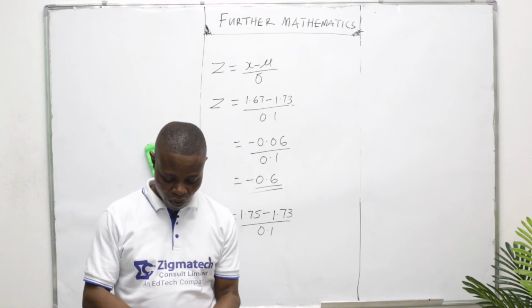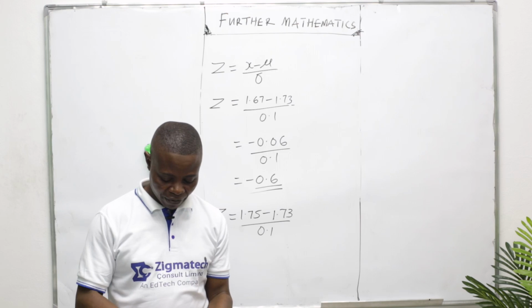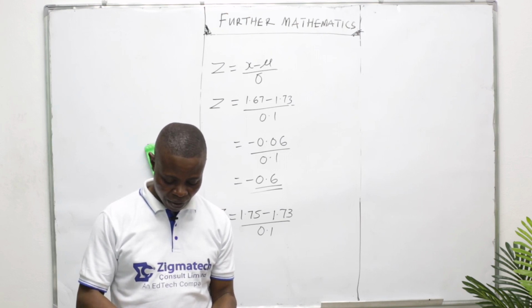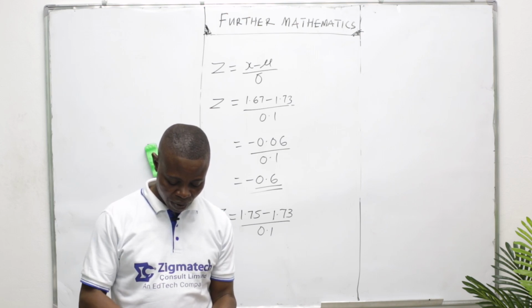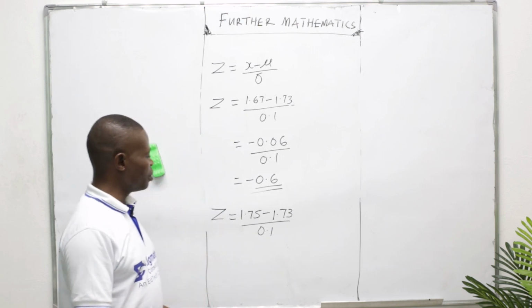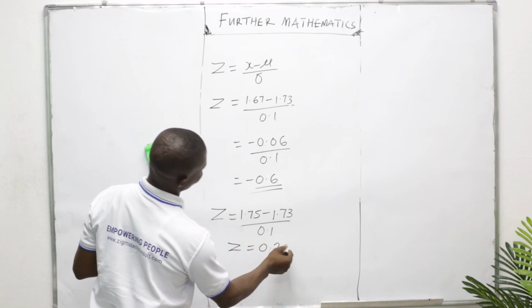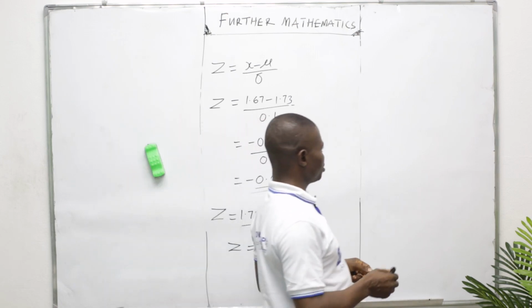So 1.75 minus 1.73 all over 0.1 will give us the second z value, which is 0.2. So what are we drawing?